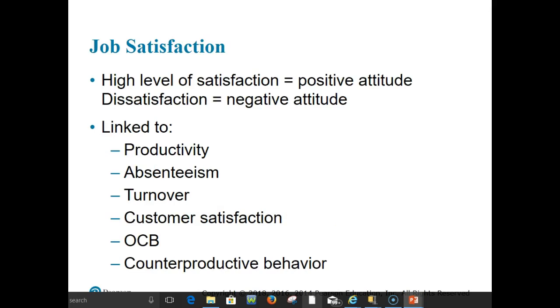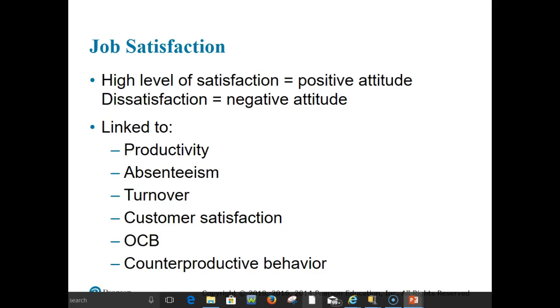Now, a person with a high level of job satisfaction has a positive attitude towards his or her job. A person who is dissatisfied has a negative attitude. When people speak of employee attitudes, they are usually referring to job satisfaction. So high levels of satisfaction equal positive attitudes.